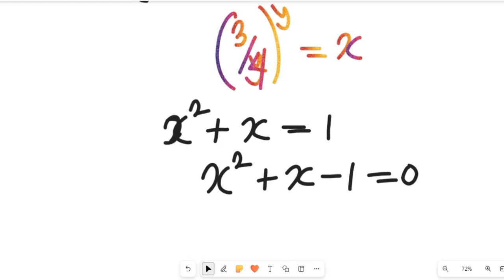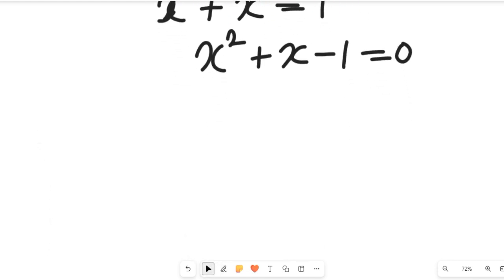So this is a quadratic equation. What do we do from here? All we need to do is just solve the quadratic equation.